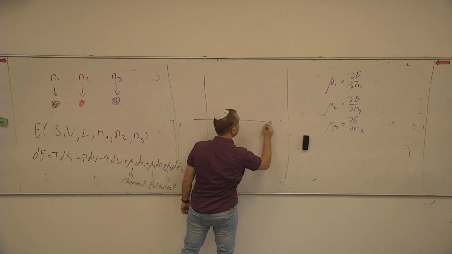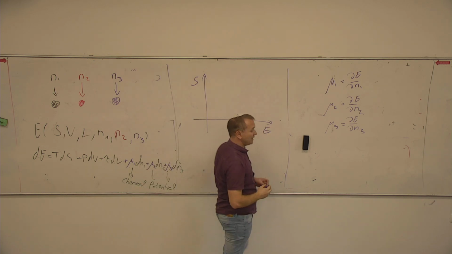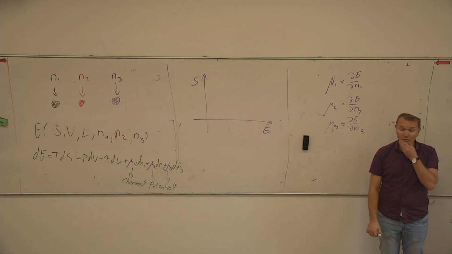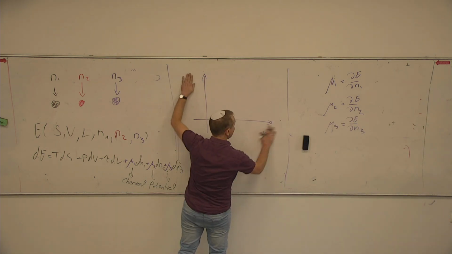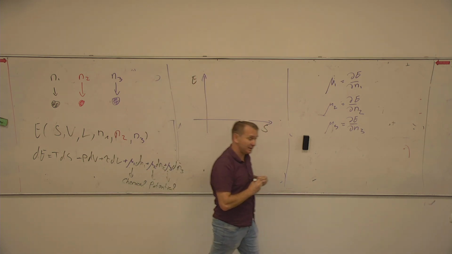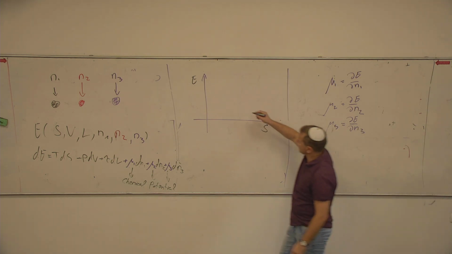I know that S somehow depends on E. There is some sort of a dependence, or let's make it the other way around, E somehow depends on S, and it grows somehow.